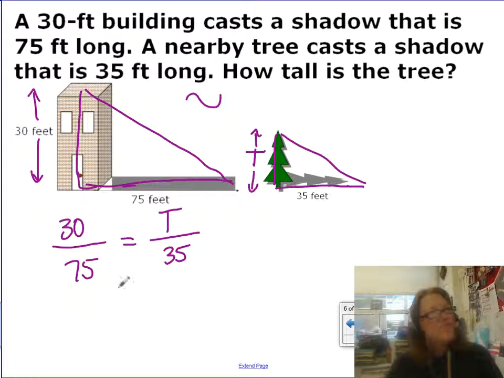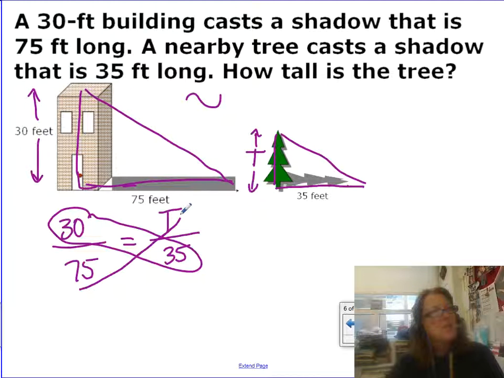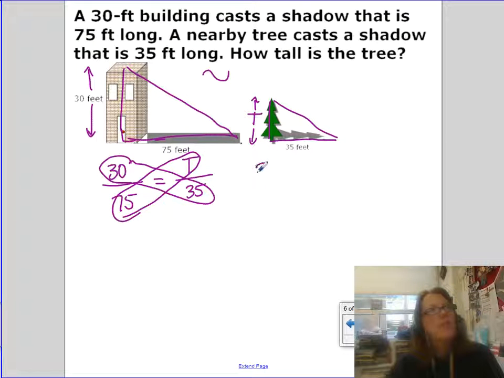Now, even when you can see what the answer is, I need to train you in the method of showing the algebra, meaning I want you to show me that this cross product equals this cross product. Okay, don't shortcut this part. 30 times 35 equals 75 times the height of the tree, which I'm calling variable t.